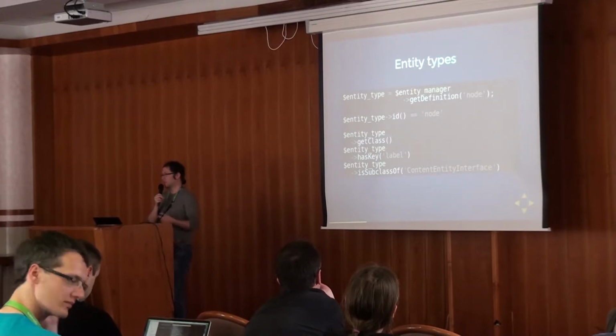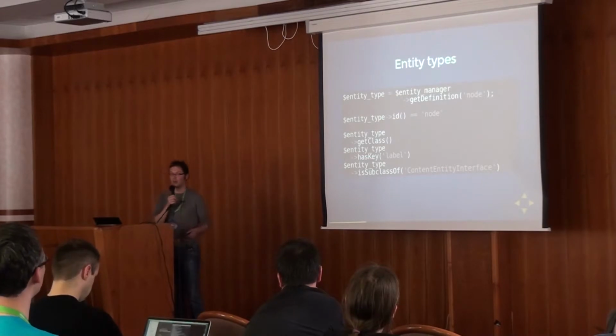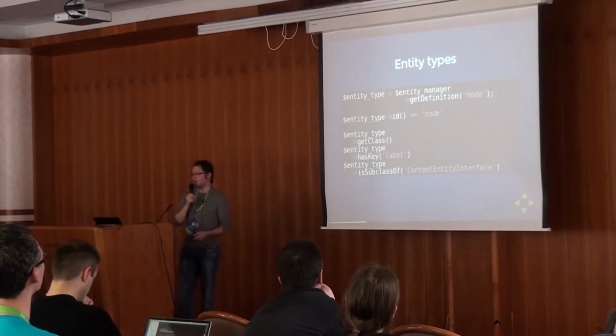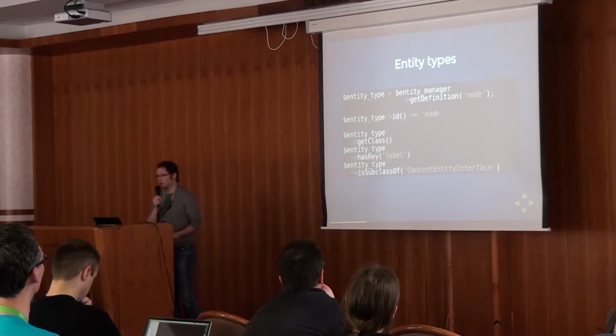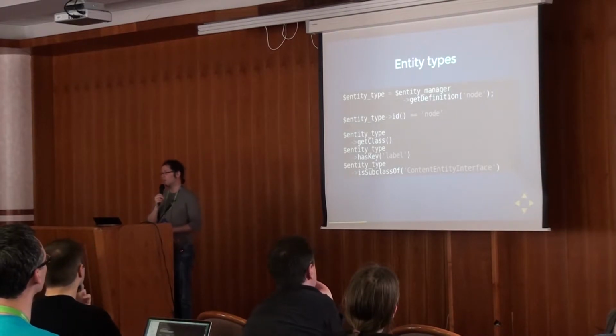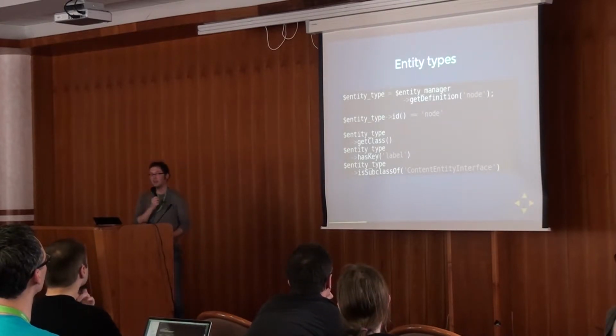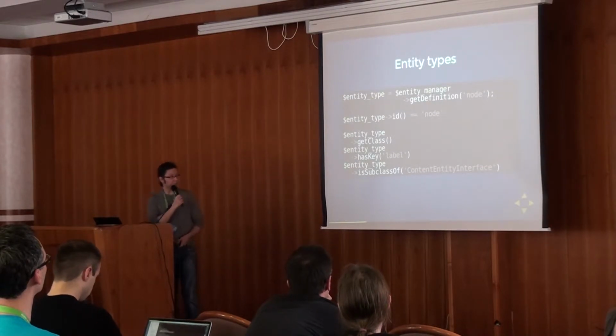Instead of checking all the individual array keys of hook_entity_info, you call methods. Like you can call the method getClass to get the entity class, use hasKey to check the entity keys array to see whether it has a label key or a bundle key and so on. And you can use the isSubclassOf shortcut to easily check whether it's a content entity or a config entity.